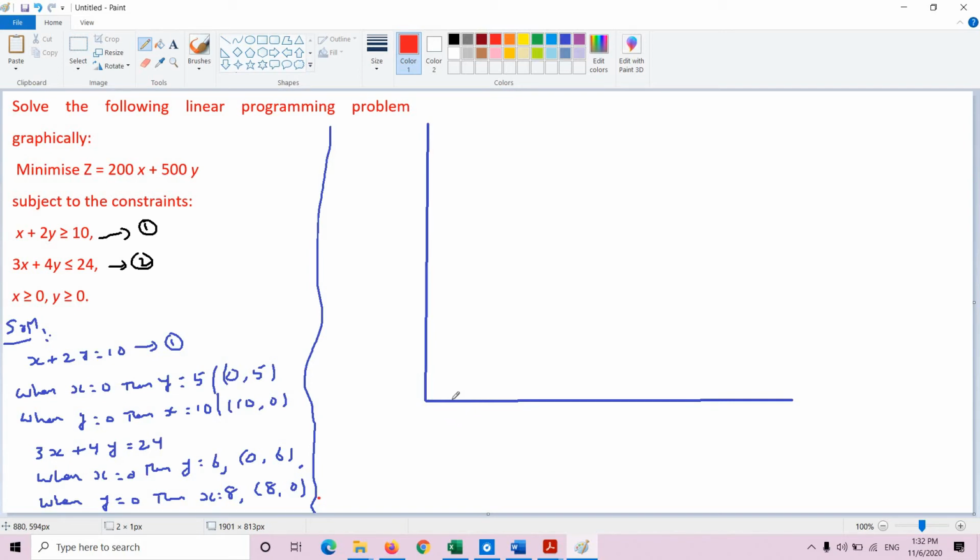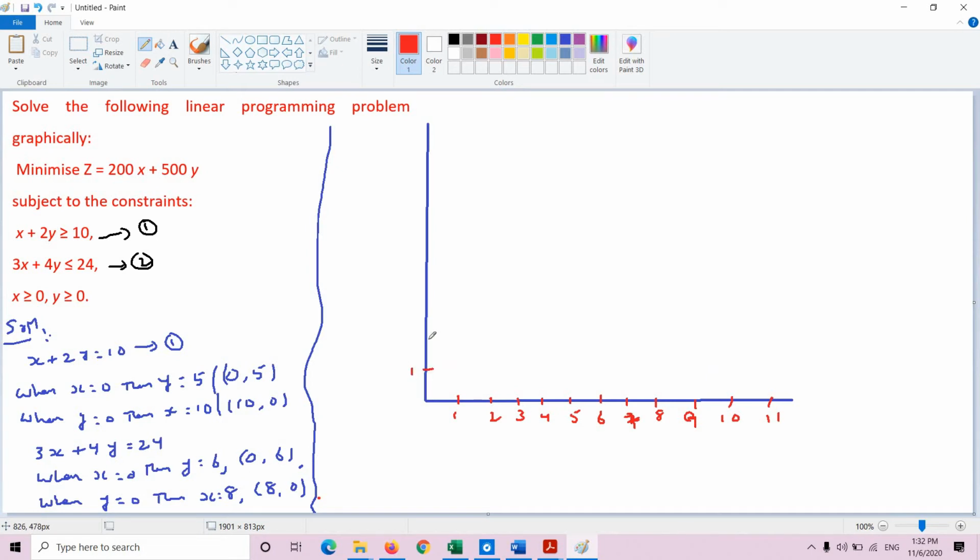So this is 1, 2, 3, 4, 5, 6, 7, 8, 9, 10. And one more extra you can take, 11. Along the y-axis you should take minimum 6.